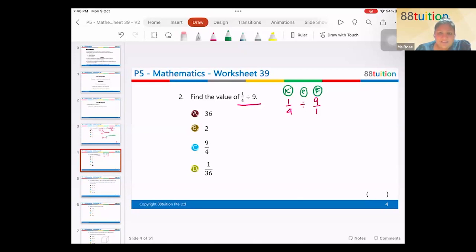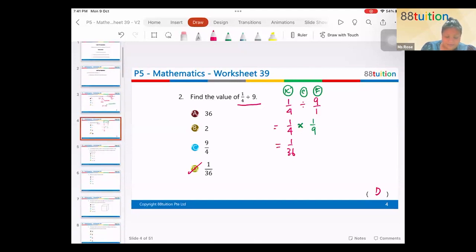Instead of KFC, it is KCF. So you keep the 1/4, change the division to a multiplication sign, so times, flip to 1/9. So you will get 1 out of 36, which is D.